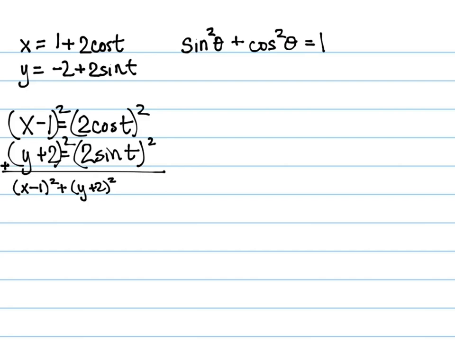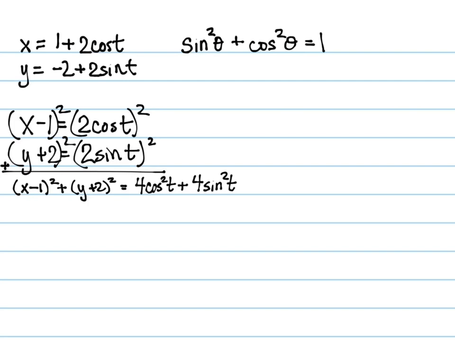And then this would equal 4 cosine squared of t plus 4 sine squared of t. Does that look right? What does the right-hand side equal?